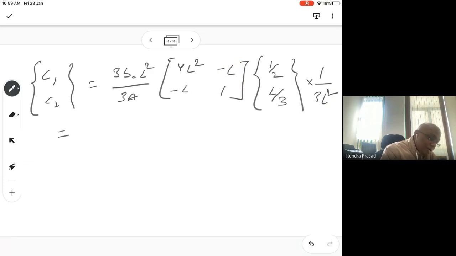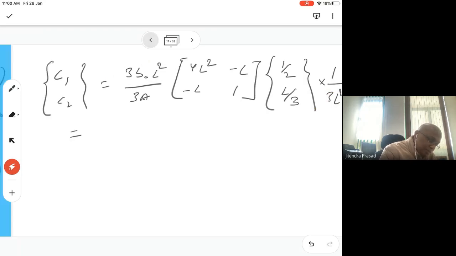So we have 3L square already here, so this takes care of it, and then 3.